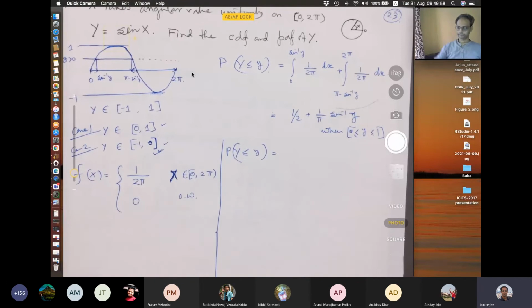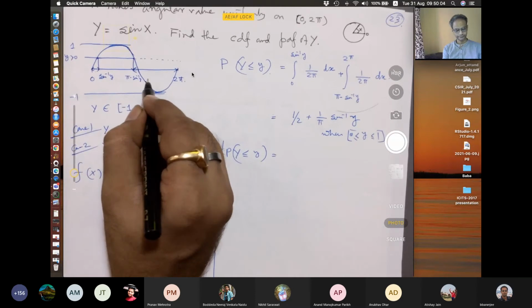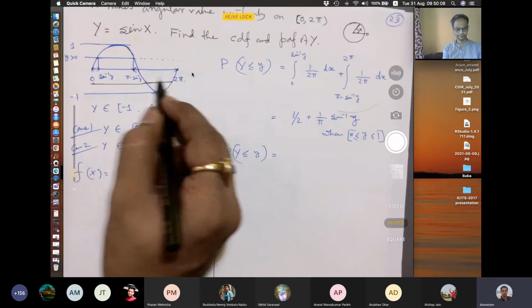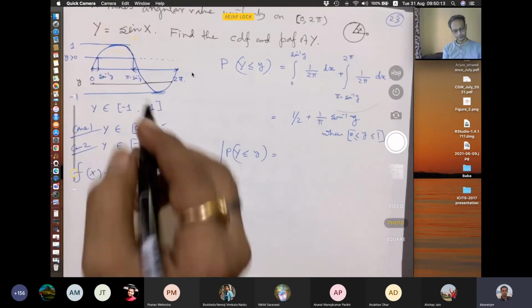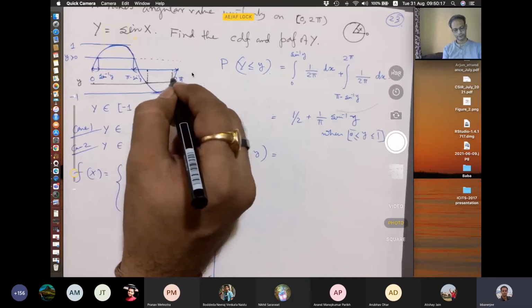Case 2, if y is a negative number, maybe somewhere here, what will be this value and what will be this value?